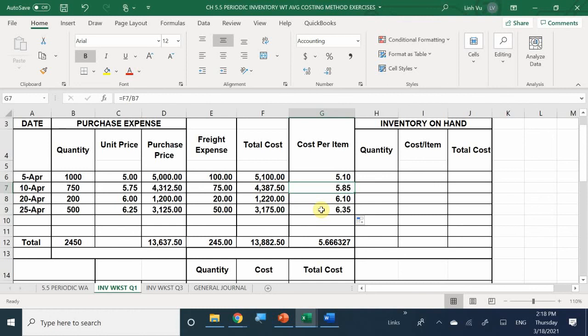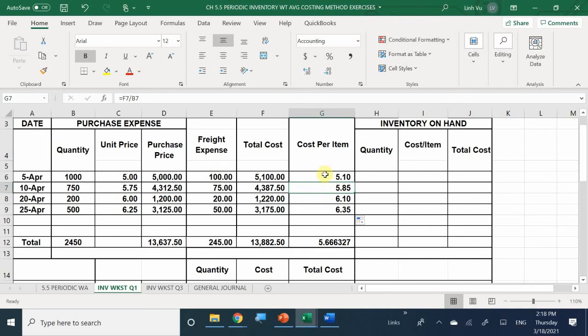Okay, you can use this if you want to kind of like guesstimate what the average is going to be. Like if I went from $5.10 to $5.85, my average could be maybe $5.55. And then I introduce a $6, then my average should be $5.80.